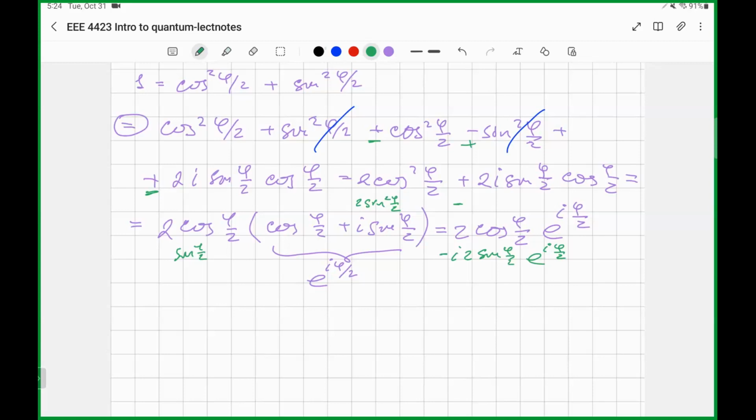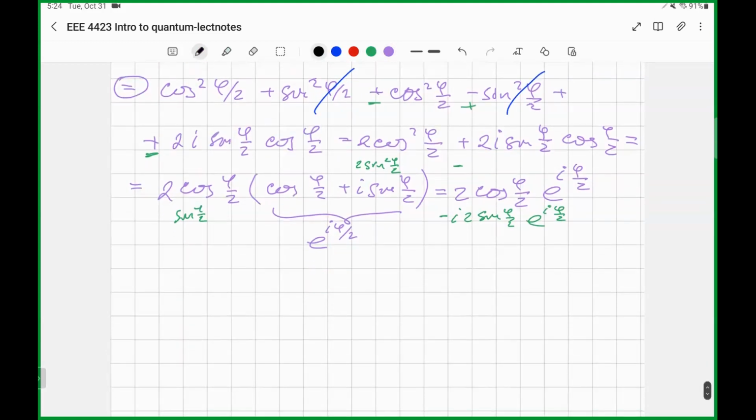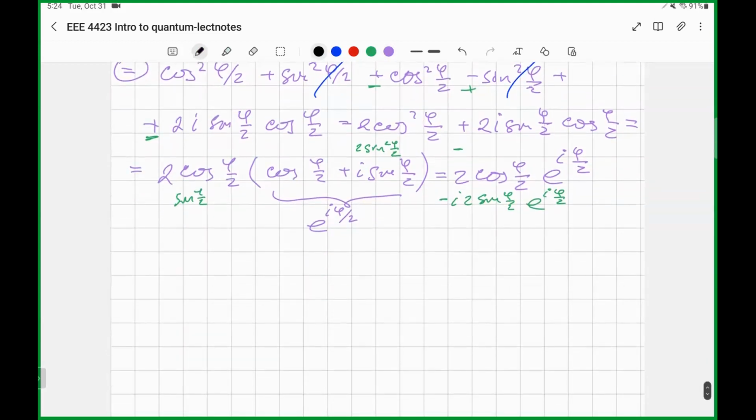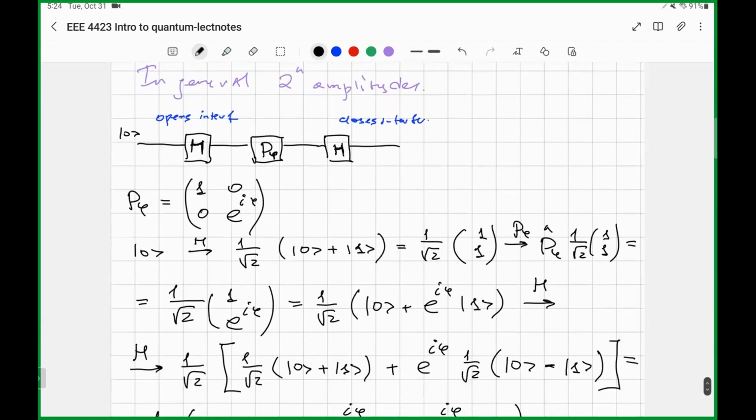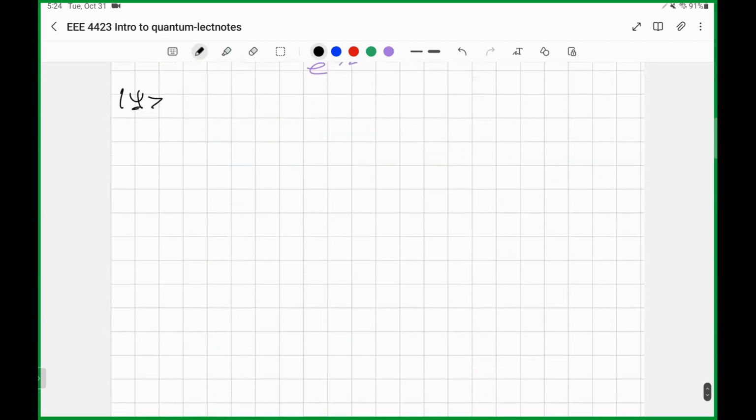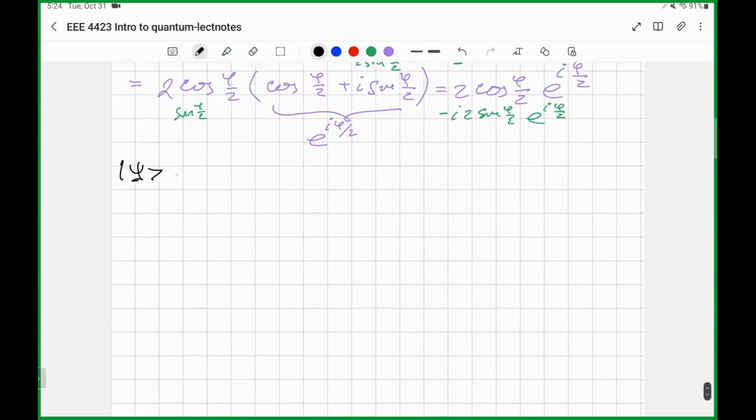All right, so combining both results, I can write the final psi vector out from this single qubit circuit in the following form.